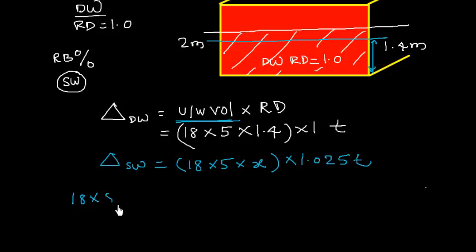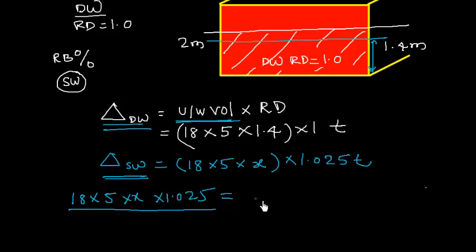Let's do this. 18 into 5 into x into 1.025, this salt water displacement is equal to the dock water displacement, which is 18 into 5 into 1.4 into 1.